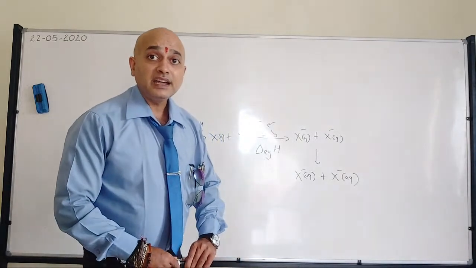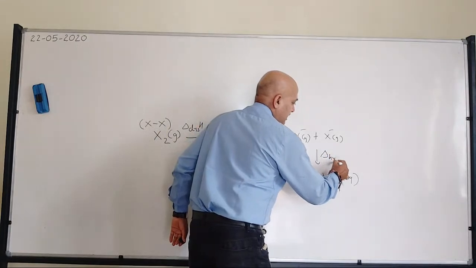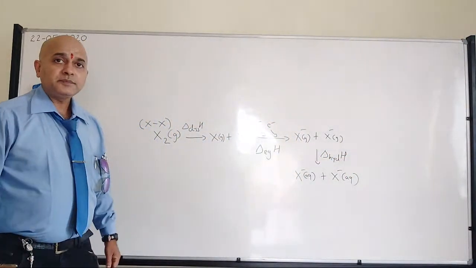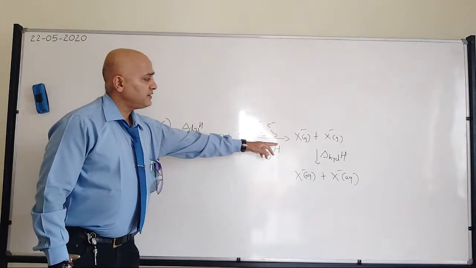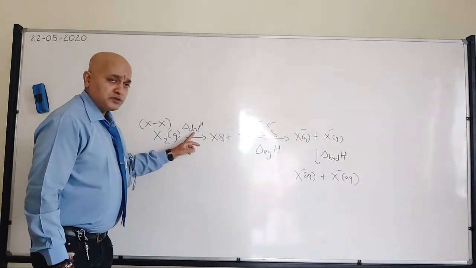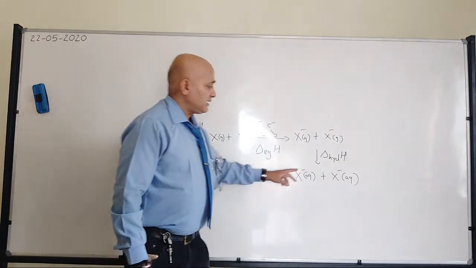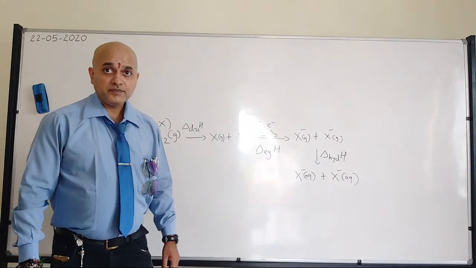This is nothing but hydration enthalpy. Now if you observe carefully, we have a total of 3 thermodynamic terms. One is bond dissociation enthalpy, next is electron gain enthalpy, and next is hydration enthalpy.